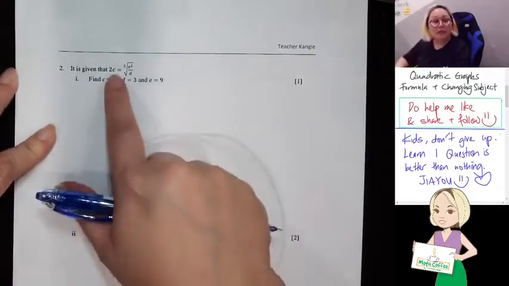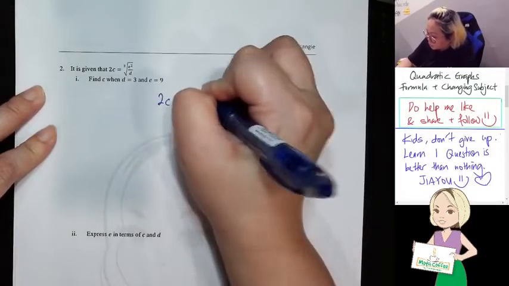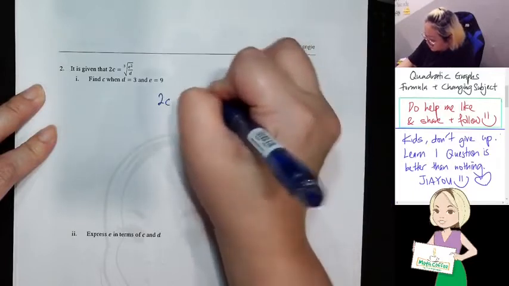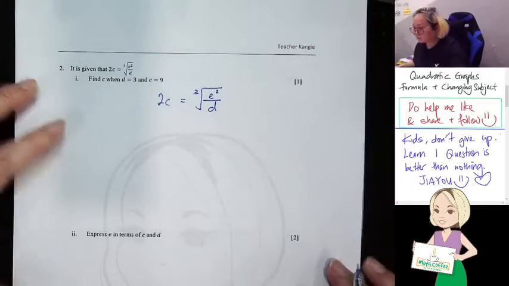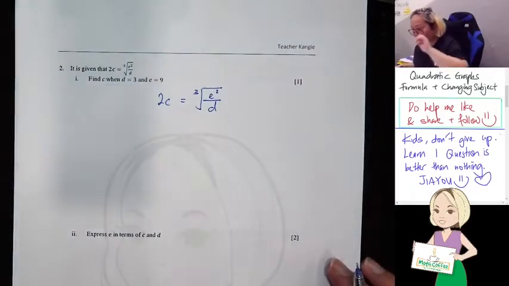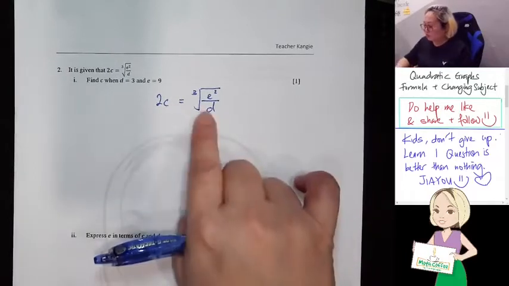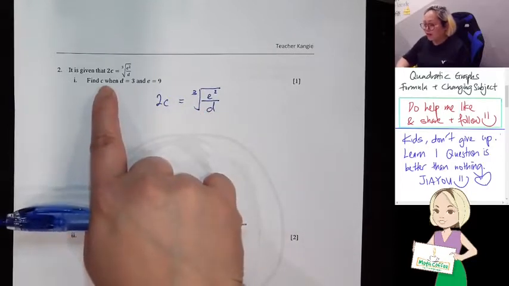Okay, see here, I'm going to write the question. 2c is equals to cube root e square over d. So what we're going to do is, for this case I want to solve my c.